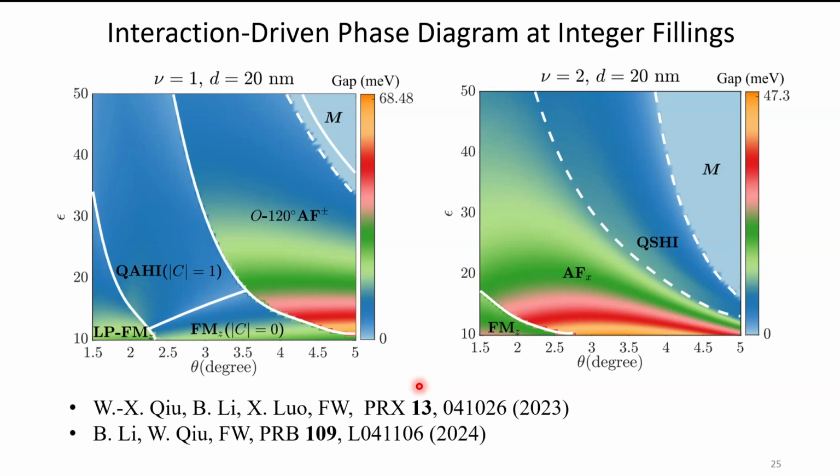For example, at filling factor 1, there can be this 120-degree antiferromagnetic state. And at filling factor 2, there can be a competing antiferromagnetic state that destroys the topology. This is a phase diagram obtained from mean field.